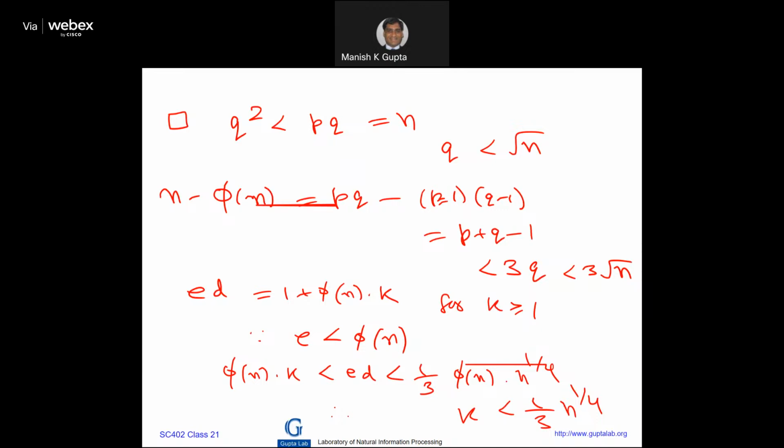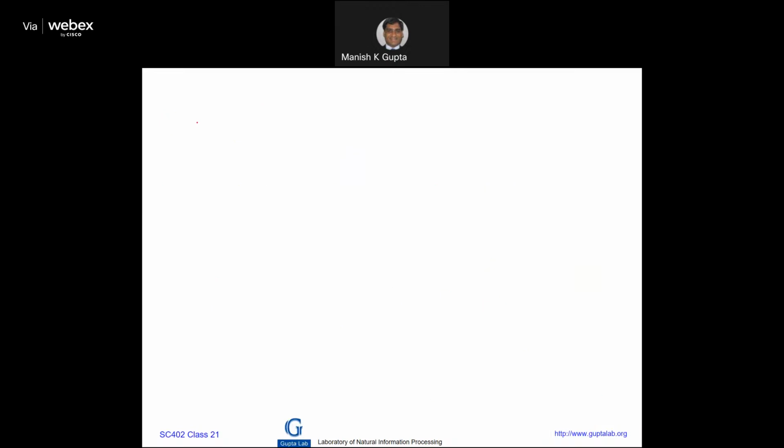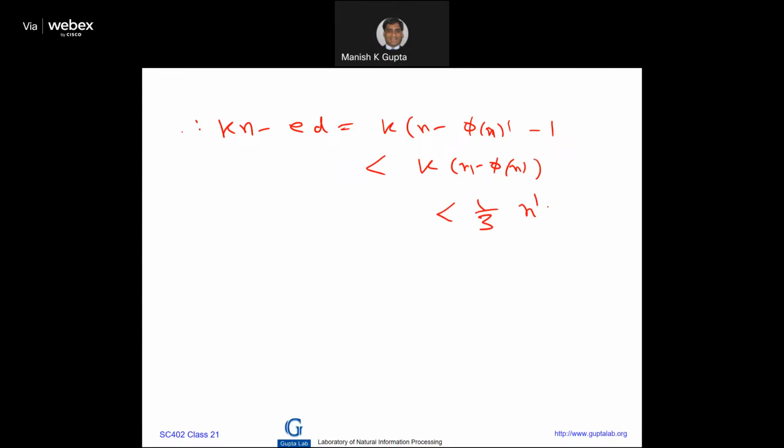So Kn minus Ed, these calculations are not very difficult. Kn minus Ed is equal to K times (N minus phi of N minus 1), right? So this is less than K times (N minus phi of N), which is less than 1 by 3 N raised to power 1 by 4 into 3 square root of N, equal to N raised to power 3 by 4.